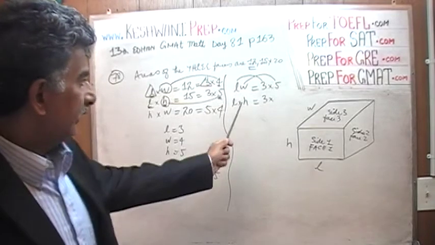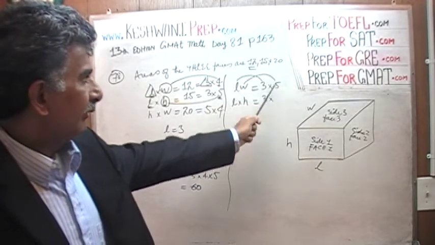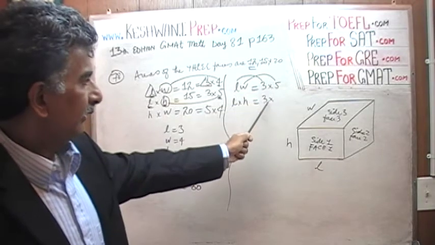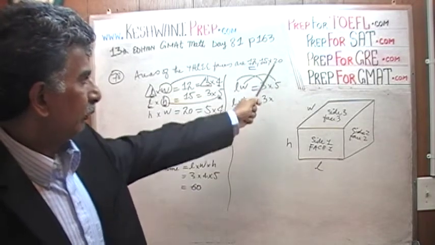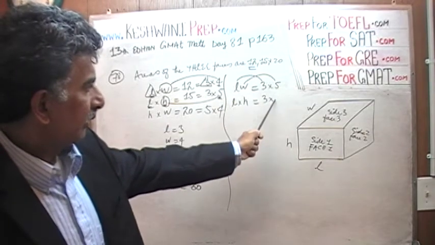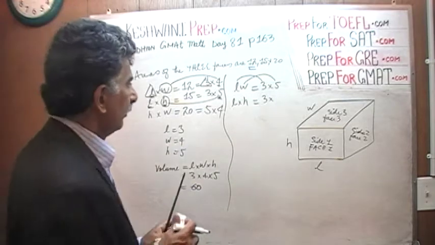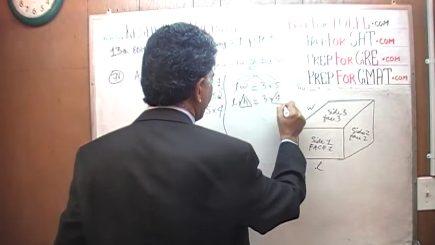Since the length is already 3, we cannot use 20 here because 20 does not divide evenly by 3. We need a multiple of 3. 20 is not a multiple of 3. 12 is. The 12 has to go there, which means this has to be 4. So our height is 4.